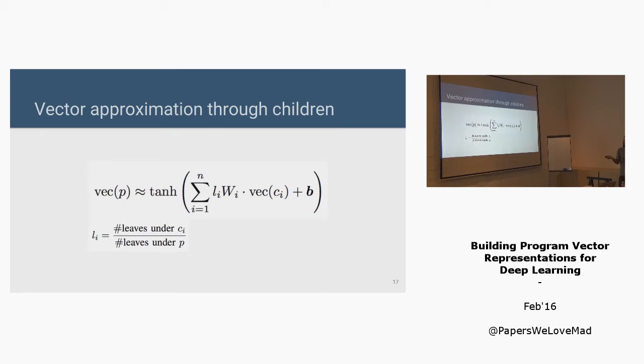The only difference is that we have this correction factor. With this correction factor, apart from the weight that we are using in order to correct the signal, we are trying to adjust the importance of children depending on the number of leaves that this child has under it, in relation to the total number of leaves that this vector has.